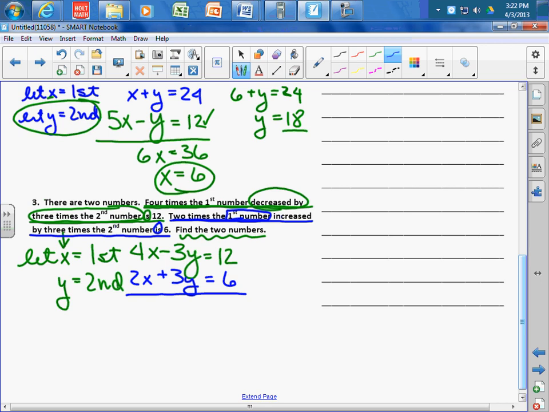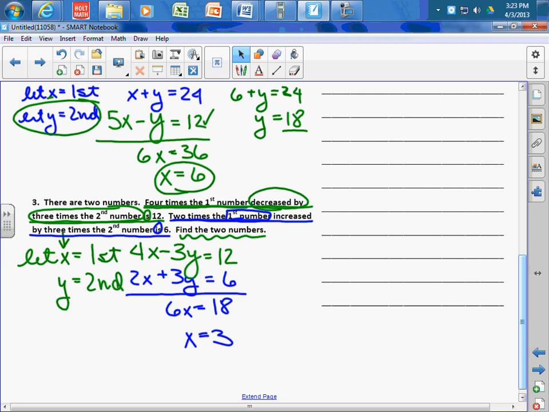We have 4x plus 2x is 6x equals 12 plus 6 is 18. x equals 3. We'll put that 3 in. It does not matter which equation. I'm going to use the second equation. The only reason why is I don't have to deal with the minus sign then.